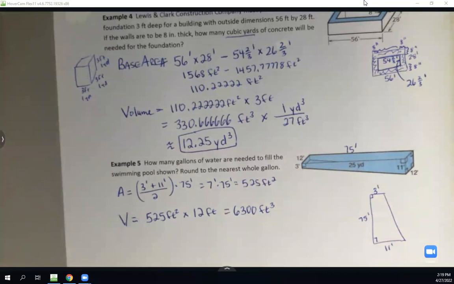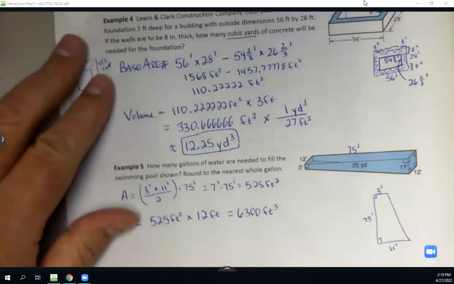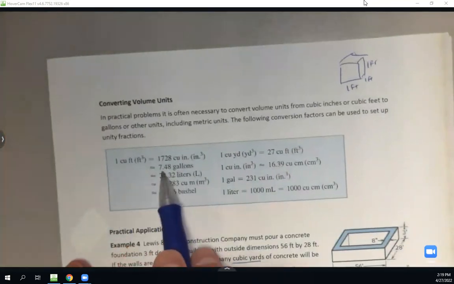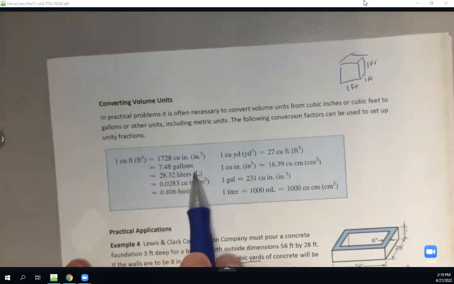Everybody, you good? So now if I have the volume, 6,300 cubic feet, I want to know how many gallons. So I just need to convert that to gallons. Again, if I look up here, I know that 1 cubic foot is equal to 7.48 gallons, so about 7.5 gallons.